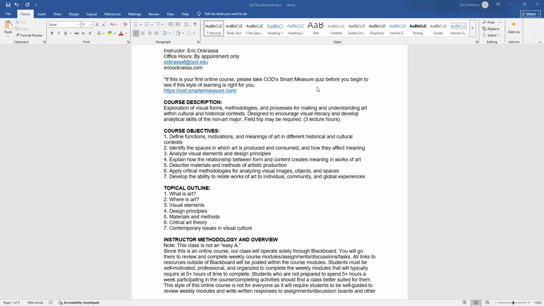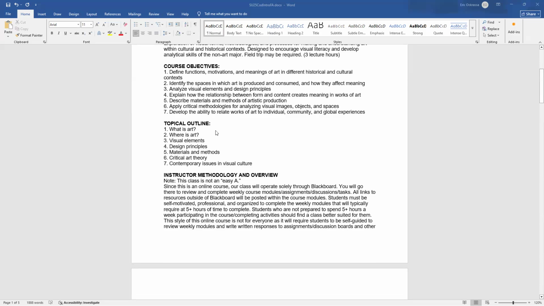You can see in the course objectives, we're defining functions, motivations, and meanings of art, identifying the space in which art is produced and consumed, analyzing visual elements, design principles, etc. So really just diving into looking at art and talking about art. When you look at the outline here, what is art? Where is art? Again, we'll talk about more specific visual elements, design principles, all those good things so that we can talk about and observe art in a more intellectual way.